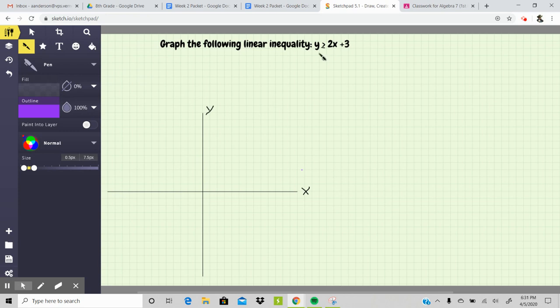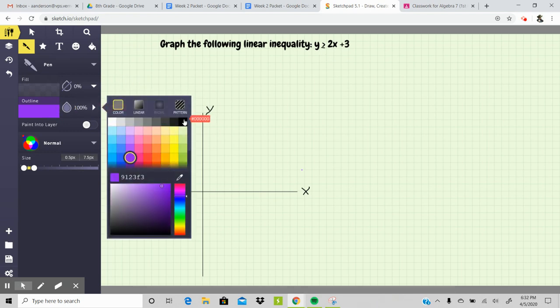In other words, if this was y equals 2x plus 3, this is going to be really similar to doing that. It's just going to have one more element added to it. Notice how this says y is greater than or equal to, because that's what this symbol means right here, greater than or equal to 2x plus 3. So that's like saying I have two different equations here.